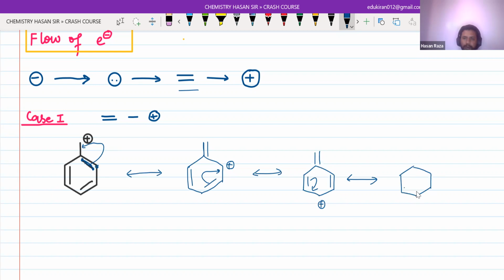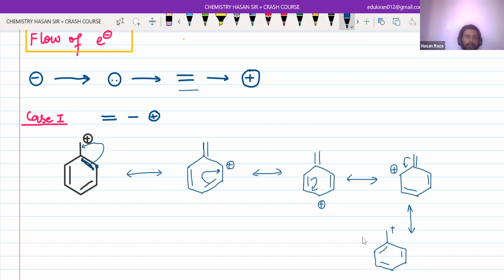Now you can see the double bond comes here, this part was as it is, and the positive charge is here. If you know where the electron flow takes place, you can easily write the resonating structure.